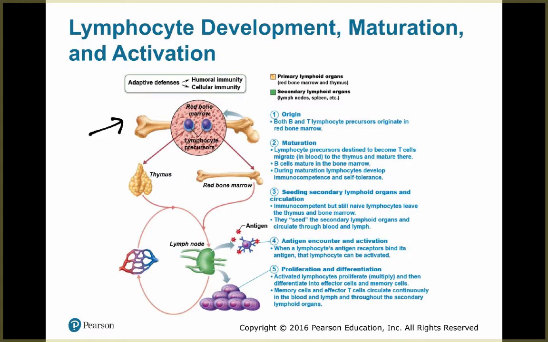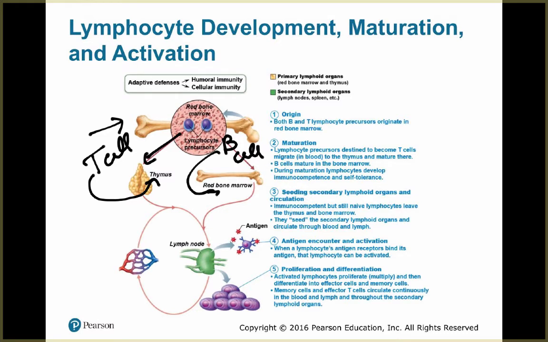If you notice over here, you have the lymphocytes, and one type is going to come over to the thymus and mature there. The lymphocyte precursors destined to become T cells migrate in the blood to the thymus, and the B cells mature in the bone marrow. So remember: T for thymus, B for bone marrow.